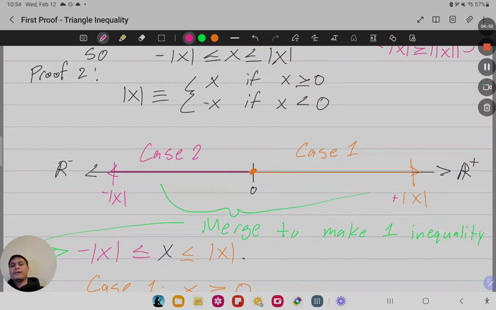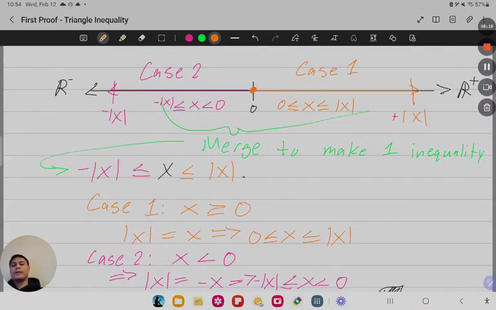This means that x is going to be up to 0 here, and then it's going to be less than or equal to absolute value of x. And for over here, x is going to be at the lowest value, 0, and it's going to go all the way up to the positive absolute value of x. And so if we merge these two inequalities together, we're going to get this inequality, which is what we had earlier.